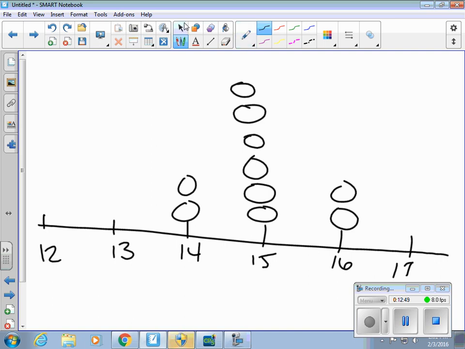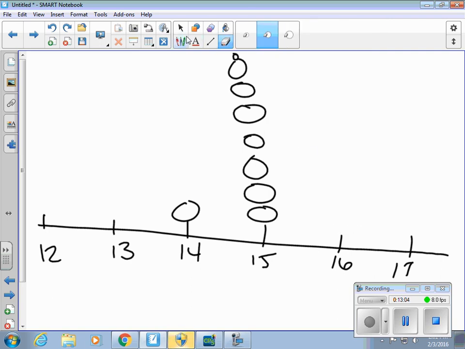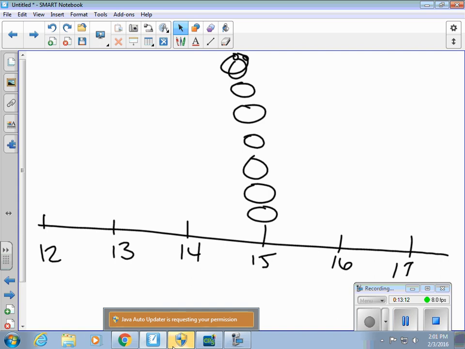Move your lowest, move your highest. Now, what is your balance point? 15.